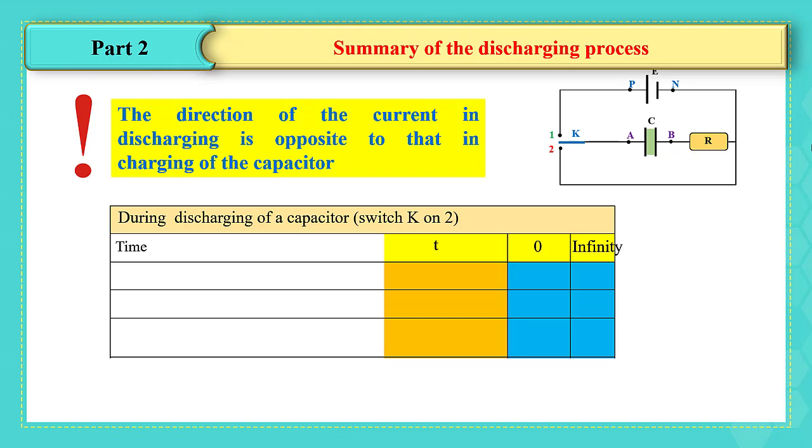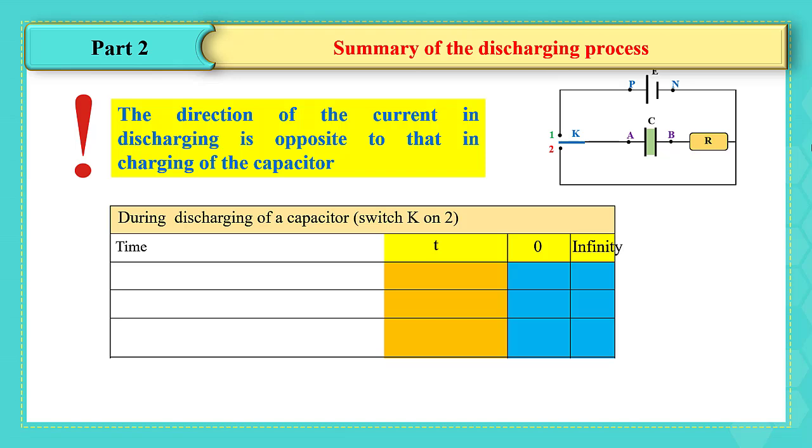Then, in this case, the current will move from P, flow into A, and then to N. Whereas in the discharging process, the capacitor determines the direction of the current. It will move from the positive plate, go out from A, and go into B. Then, as we can see, the direction of the current in charging and discharging are opposite.